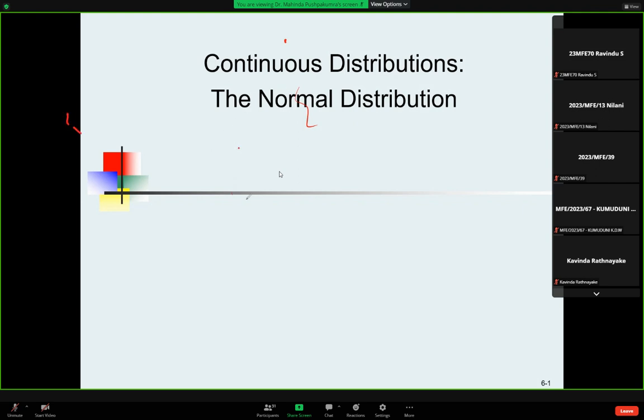Okay, let's say as example, marks is a continuous random variable. Let's say in a group of students, average marks is, let's say, 55. Then let's say standard deviation is 10.